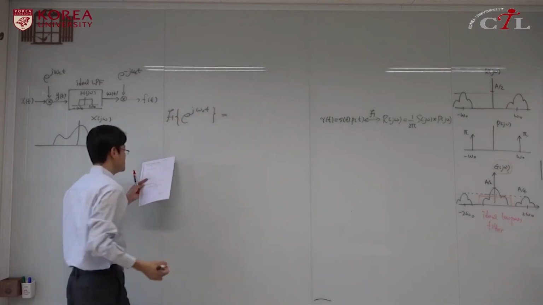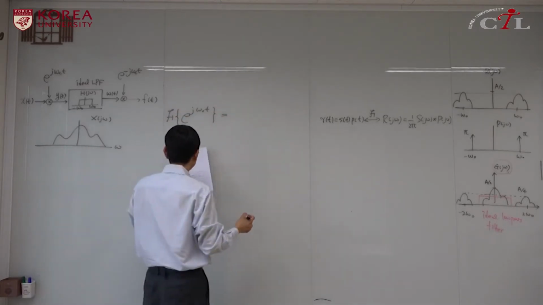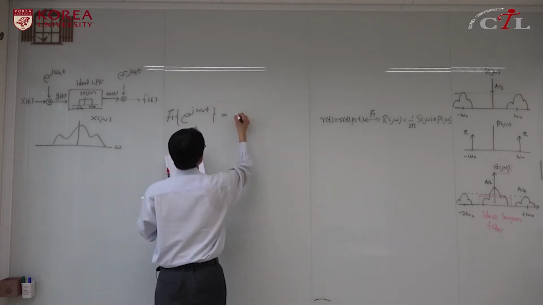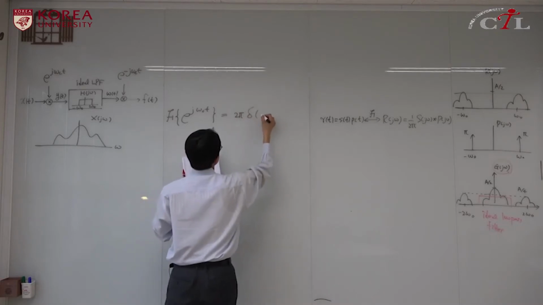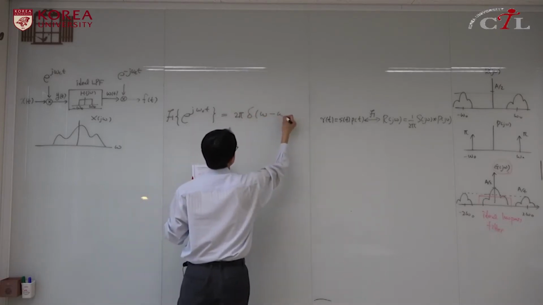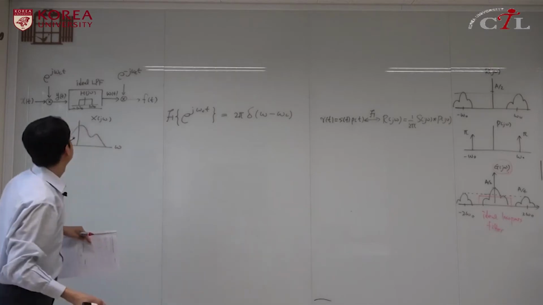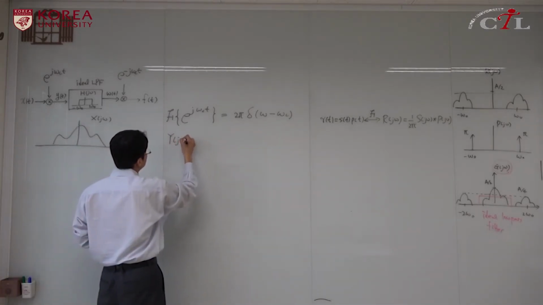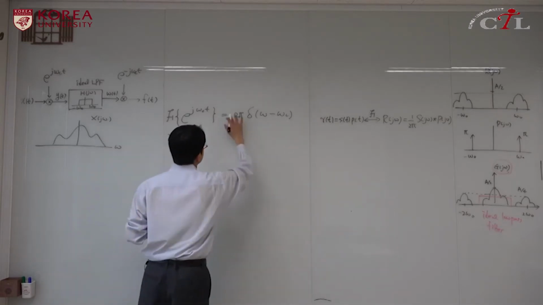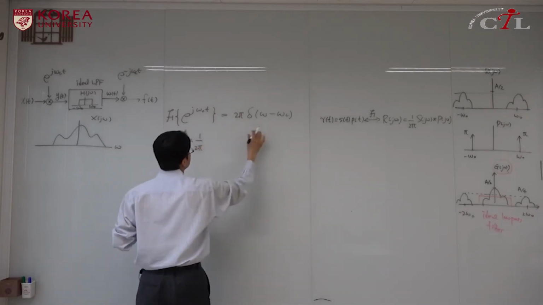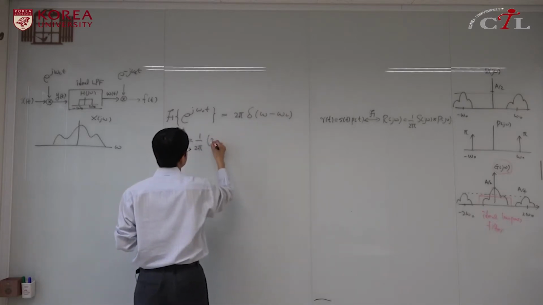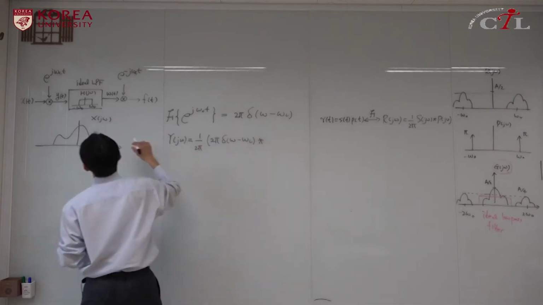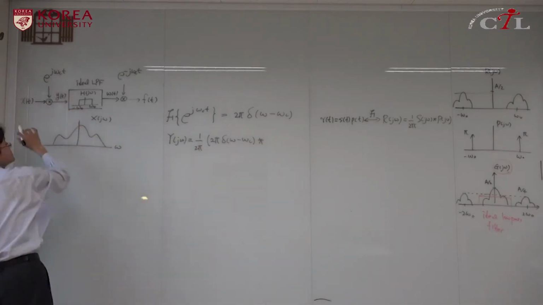This Fourier transform is simply 2π δ(ω − ωc). Then what will be Y(jω)? Y(jω) is 1 by 2π convolution, this X(jω).